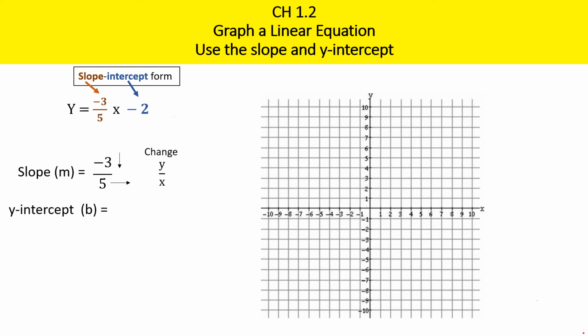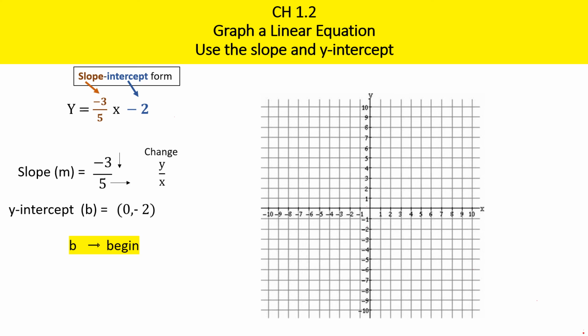Now we're going to look at the y-intercept, and that is negative 2. That means in the ordered pair, it's in the y position and 0 is in the x position. Now we come over and look at the graph, and where do we begin? I know the slope, where I have to move, negative 3/5, but where do I begin? Well, folks, b stands for begin.